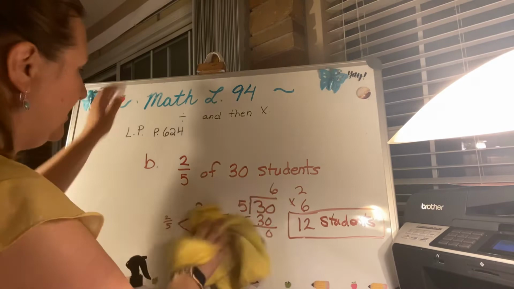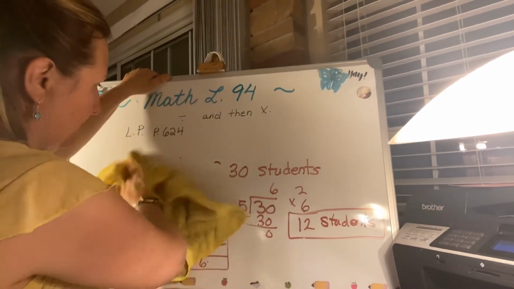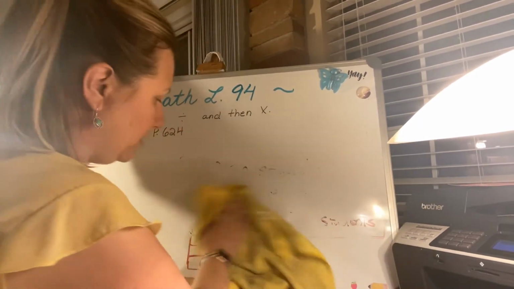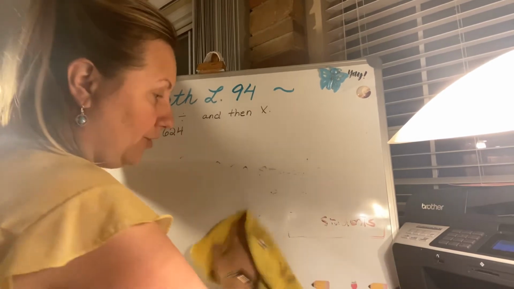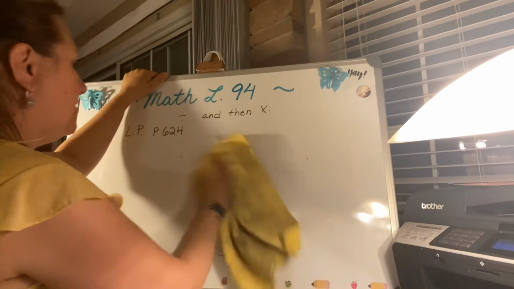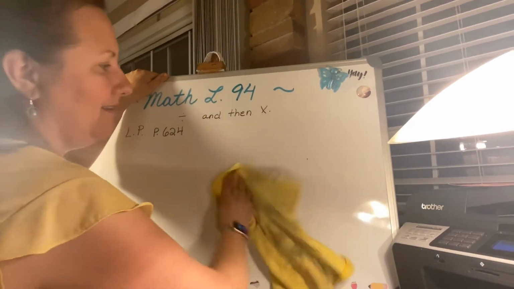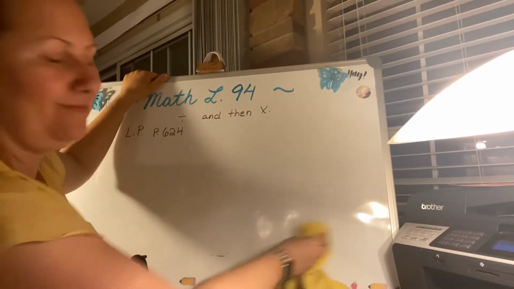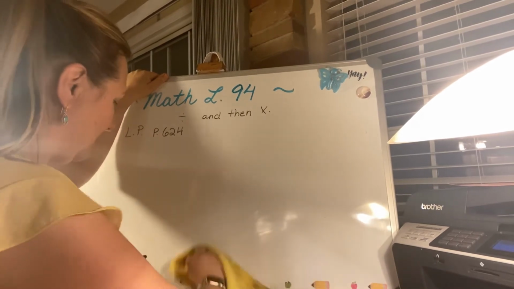And then lastly, we have letter C, which says the force of gravity on Mercury is about 1/3 the force of gravity on Earth. Remember, we had a lesson about this a long time ago, about mass and weight.